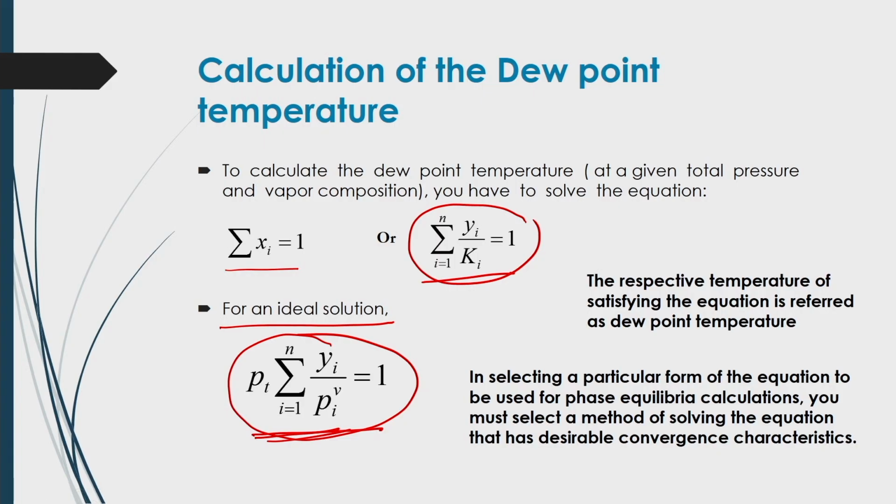So, in selecting a particular form of the equation to be used for phase equilibria calculations, you must select a method of solving that equation that has desirable convergence characteristics.